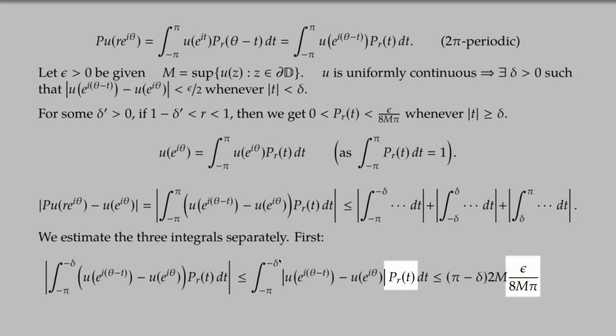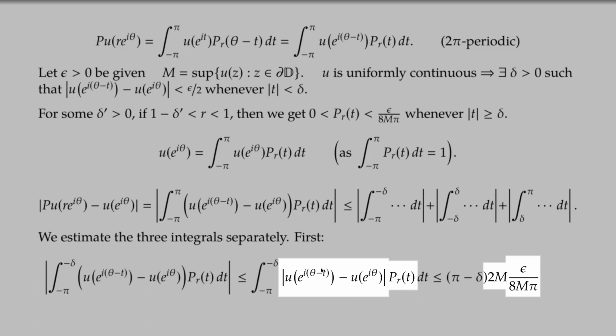And this first thing we're just going to bound by just the completely stupid estimate. u is at most m, and so the difference of u at 2 points, let's just bound it by 2m, right? That's a really stupid bound. It's probably much better, right?